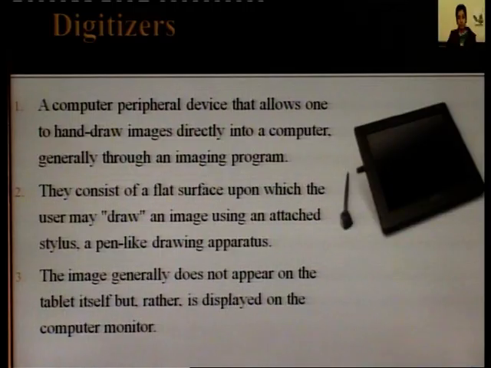Next is the digitizer, a computer peripheral device that allows one to hand draw images directly onto a computer, generally through an imaging program. It consists of a flat surface upon which the user may draw an image using an attached stylus, a pen-like drawing apparatus. The image generally does not appear on the tablet itself, but is displayed on the computer screen.